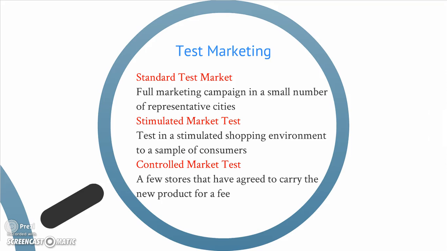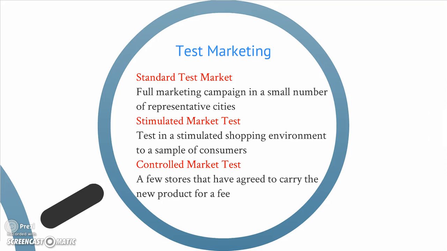The second one is that I'll go for a simulated market test. A simulated market test will be like I'll create a shopping environment artificially, and I'll put the product in the shop, and I'll see how these customers are responding to the product. So for this, I'll hire some sample customers, and they will buy the product and then they will use it.